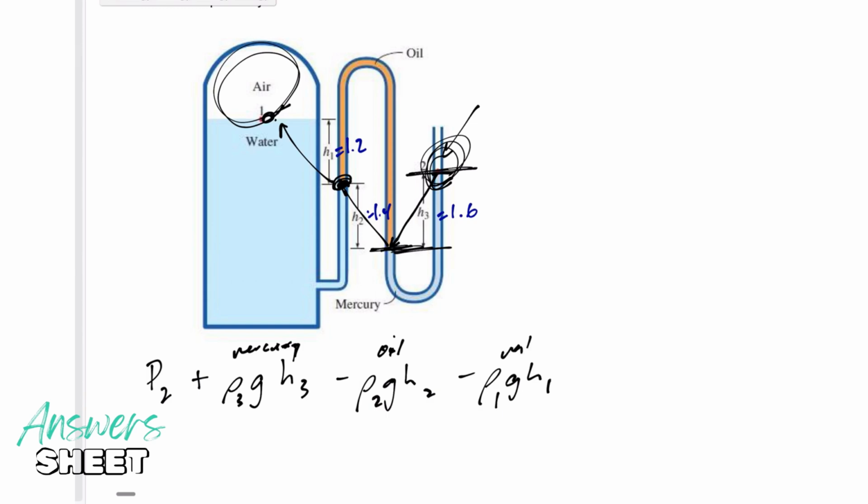This is the rho g h of water. And then I end up at, and so that's where I put my equal sign, I end up at P1 for the air. See how I did that? I started at this point. I went down, up, and then I ended at this point, right here.